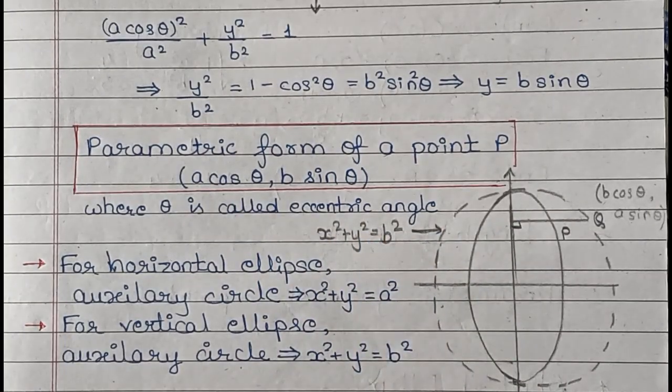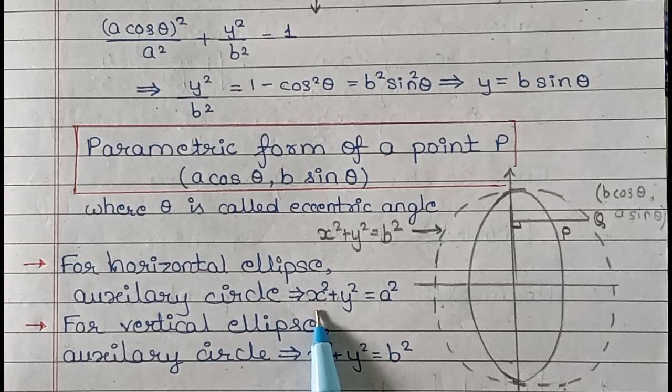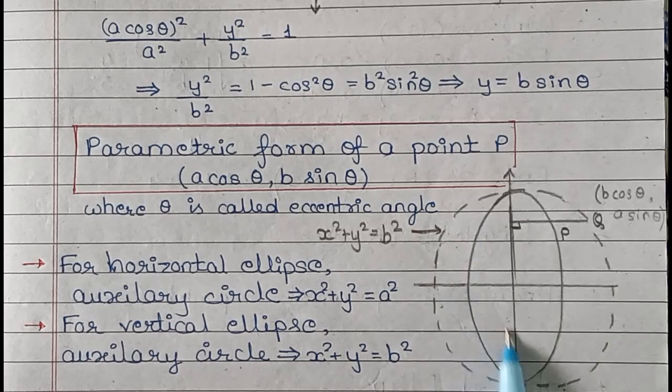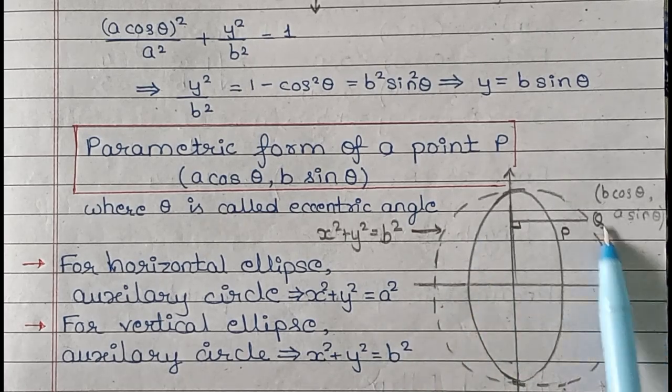Now for a horizontal ellipse we know auxiliary circle is x square plus y square is equal to a square. But for a vertical ellipse the auxiliary circle will be x square plus y square is equal to b square. Here the major axis will be the y axis, so the radius is b, and hence we have to draw the circle by radius b. So this will be the ellipse and this will be the circle.